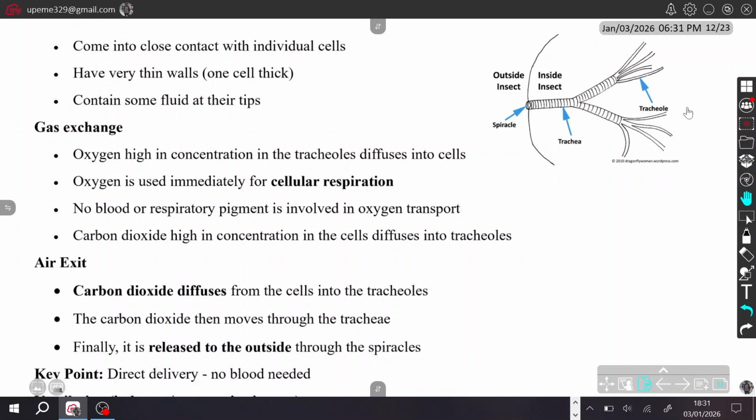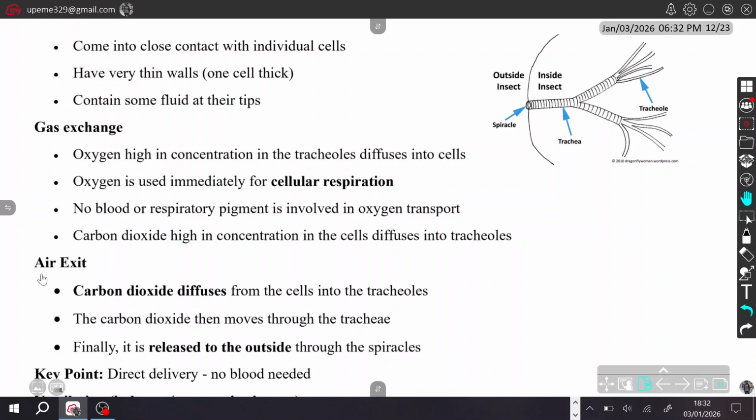No wonder they are found also on Earth with us here together. Okay. Now, no blood or respiratory pigments are involved in oxygen transport. Carbon dioxide, high in concentration in the cells, diffuses into the tracheoles. So in the cells there is a high concentration of carbon dioxide, so it will diffuse into the trachea so that it comes out.